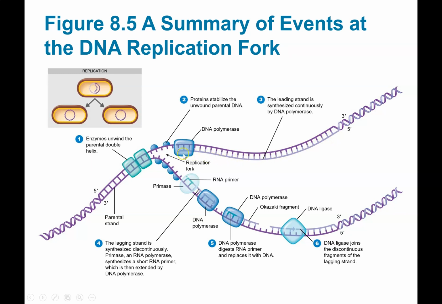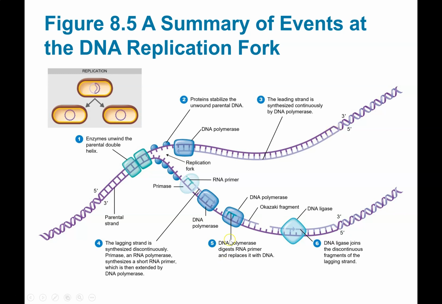As this DNA continues to get opened up, DNA polymerase continues to move along and synthesize the DNA continuously. What they're not showing on this leading strand is one little RNA primer over here that helped get the job started.